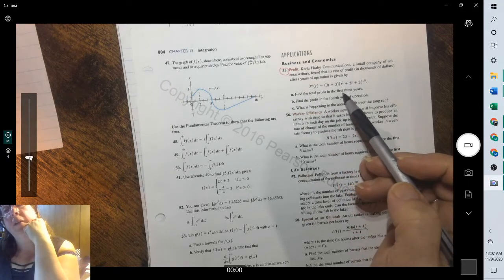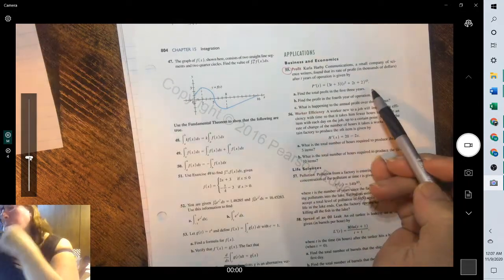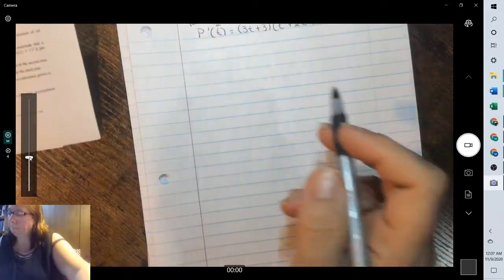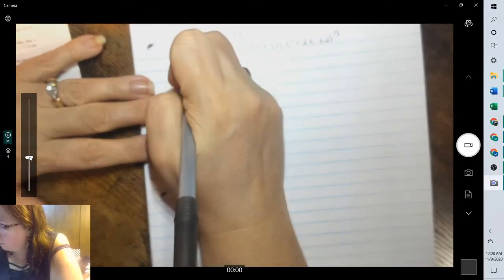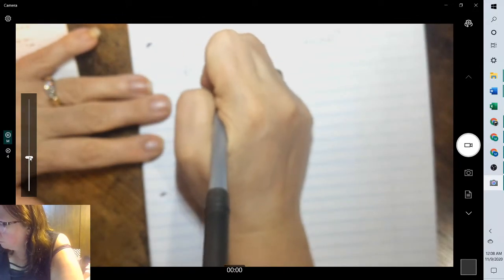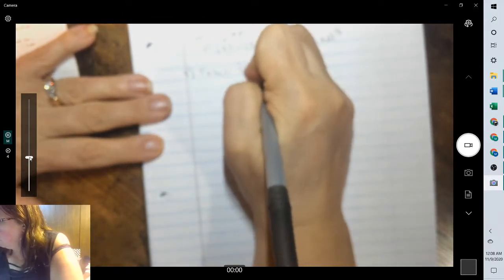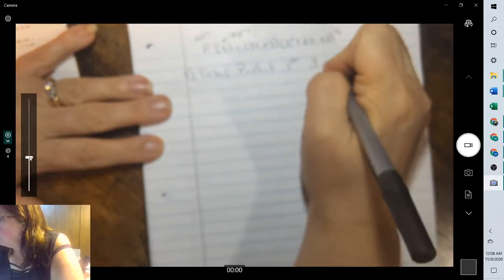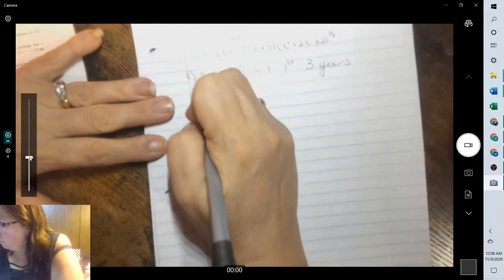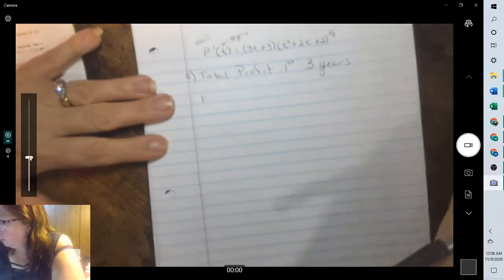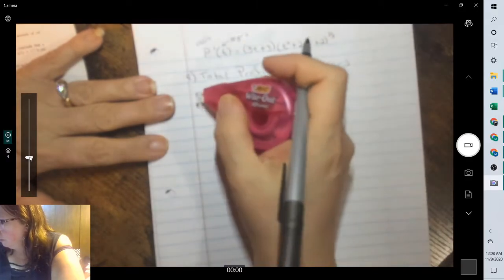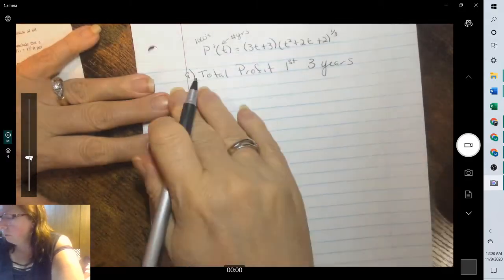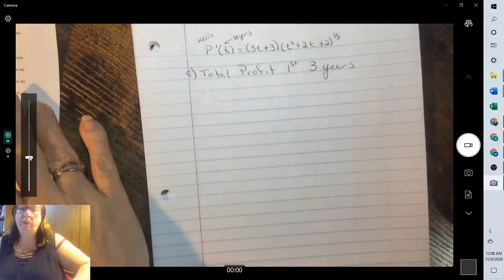Find the total profit in the first 3 years. So that means we want to find the profit in the first 3 years. We're going to go from 0 to 3.